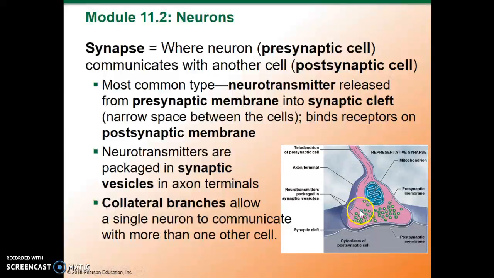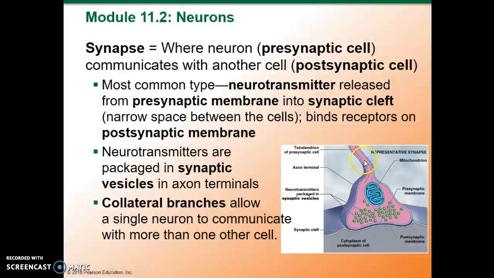A neurotransmitter is represented by these vesicles, these green vesicles, which are filled with neurotransmitters. These neurotransmitters will be released, and the information is going to cross the synaptic cleft. That neurotransmitter is the information of the action potential or signal coming down the axon.